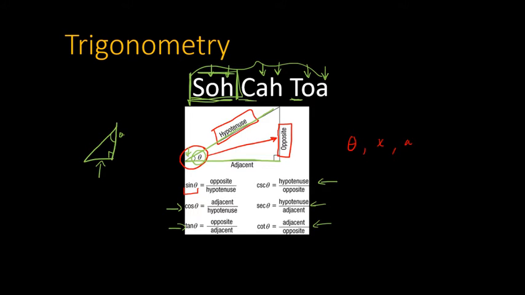So again, we would need to know the opposite, and then of course the hypotenuse, which is the longest side of the triangle, and it is opposite the right angle. Now, the adjacent is just the side that's not the opposite and not the hypotenuse. So for example, if this is our theta, we automatically know that this is the hypotenuse because it's the longest.